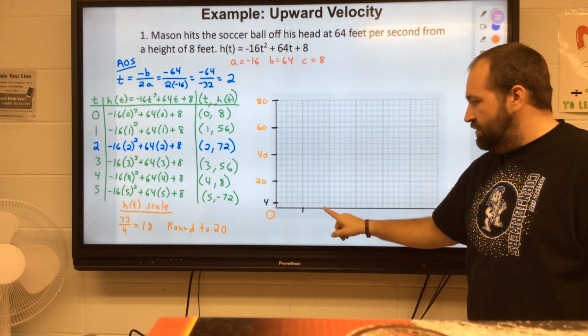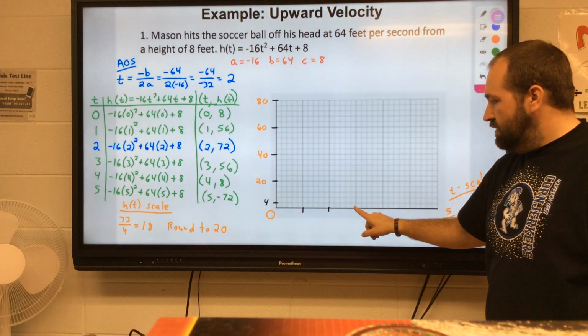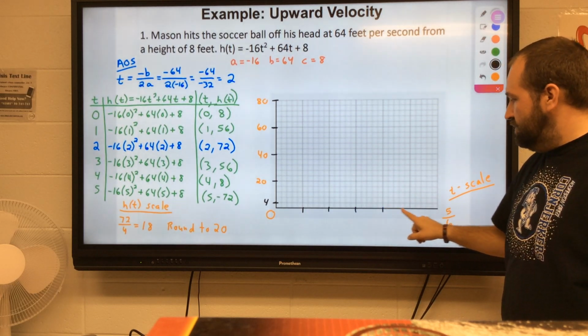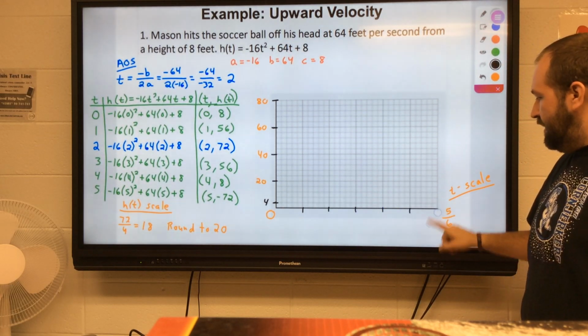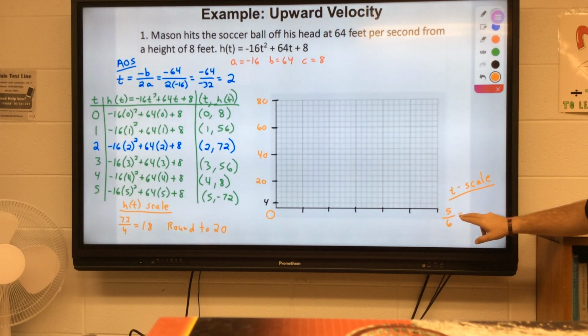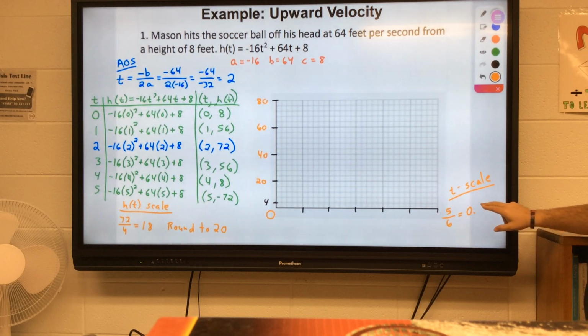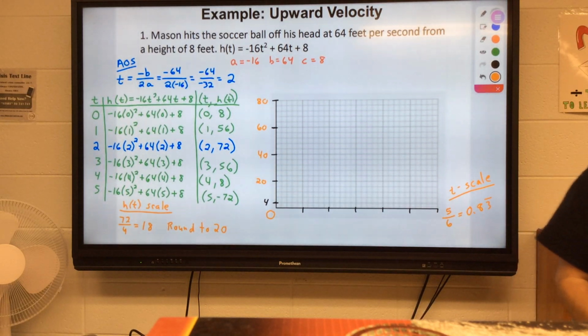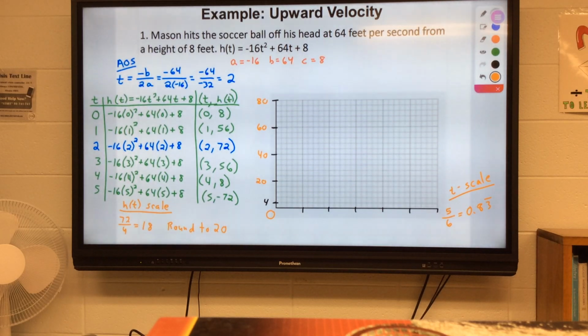I have a darker line here, here, here, here, and at the end. So this is going to give me 0.83 repeating. Again, I'm not trying to work with a lot of decimals, so I'm going to round this decimal value up to the nearest 1.